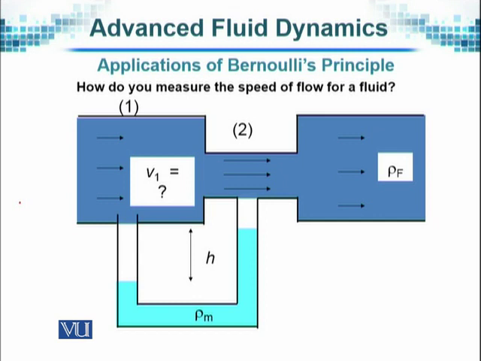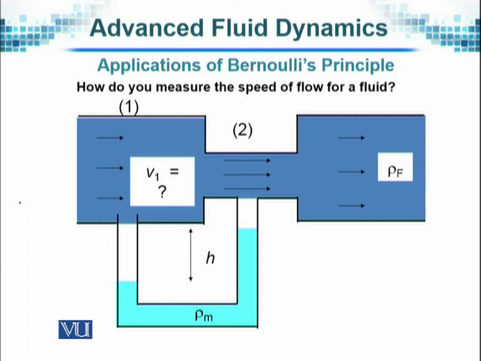How do we measure the velocity if the fluid is allowed to flow through the pipe from the left hand direction to the right hand direction, and in between it is connected with a Venturi type or a manometer.